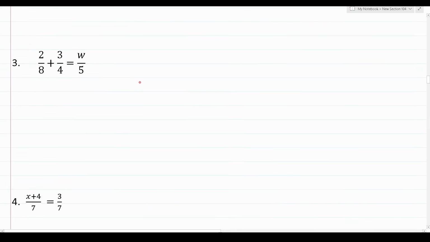Let's go ahead and work on number 3, which is slightly more challenging. We have 2 over 8 plus 3 over 4 equals W over 5. All right, so the first thing I want to do is combine 2 over 8 and 3 over 4 into one term.